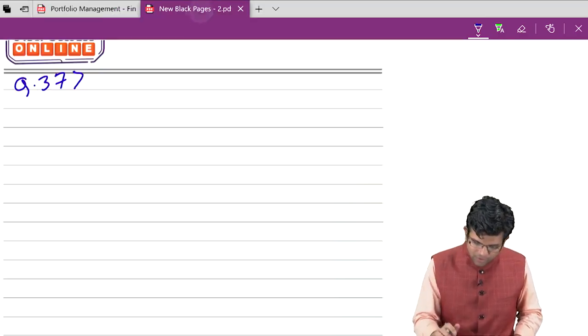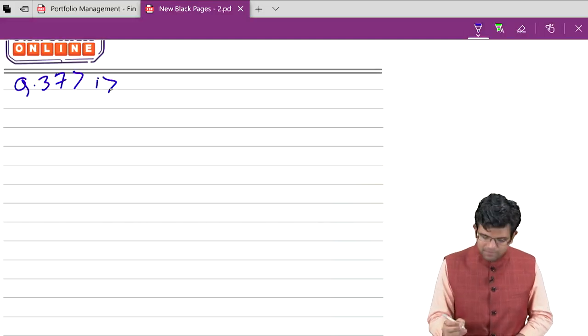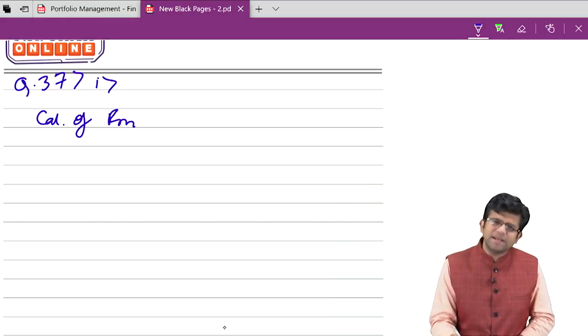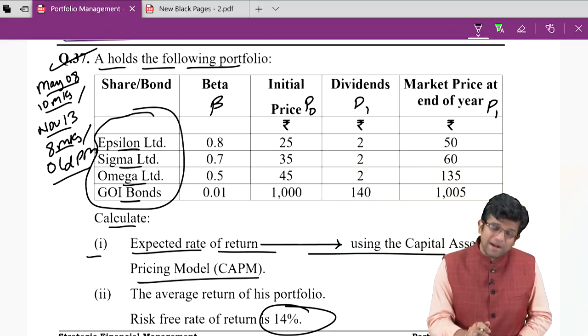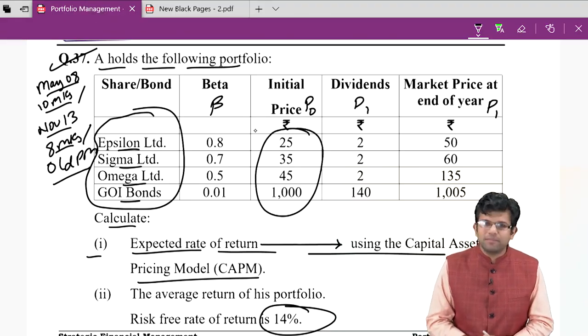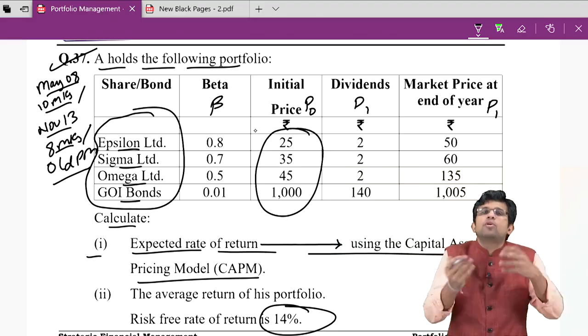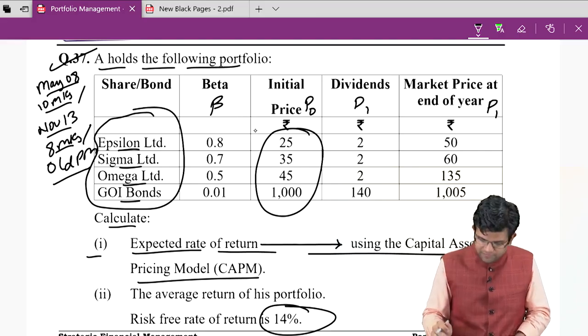Can we start? Okay, so question 37, point number 1. To calculate CAPM, the first thing I'm doing is calculation of RM. Very simple. For RM the P0 is equal to, straight away add these 4 numbers, because the total is the market, so total of P0s will become total P0 for the market, that is 25 plus 35 plus 45 plus 1000.